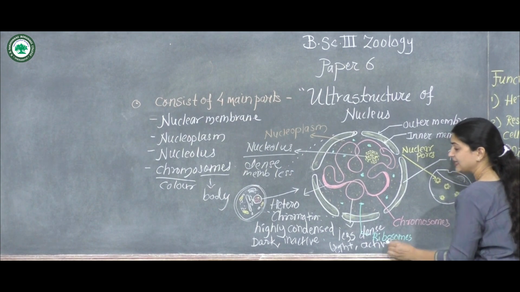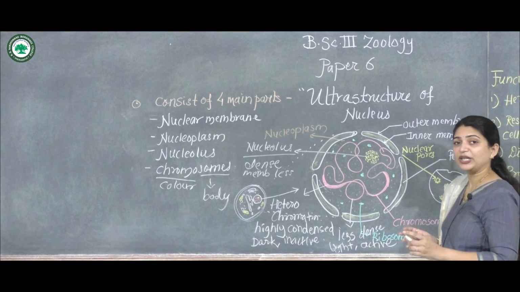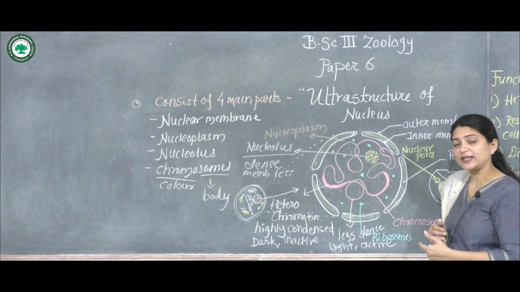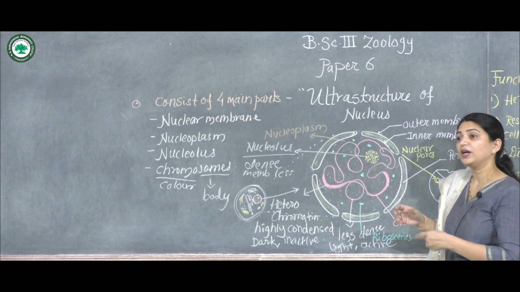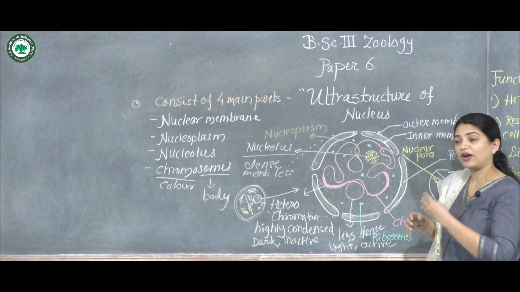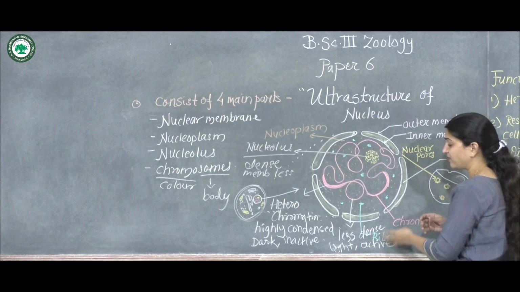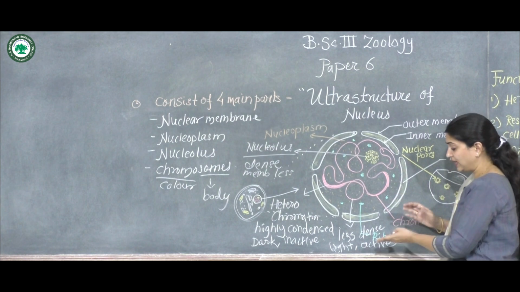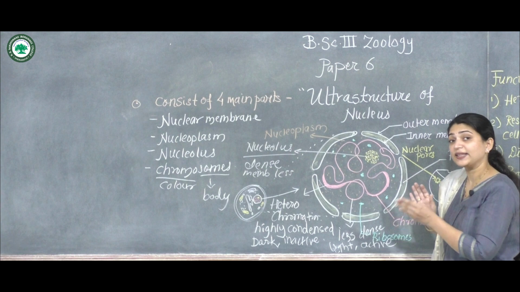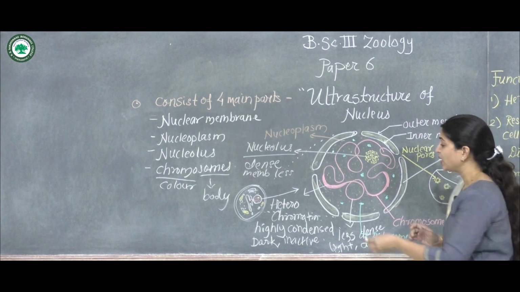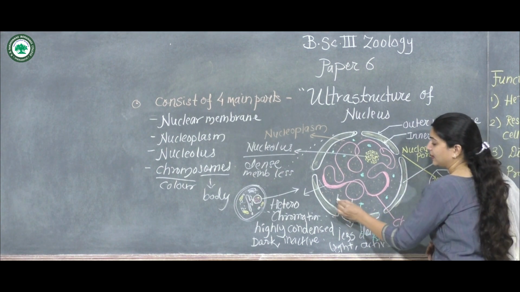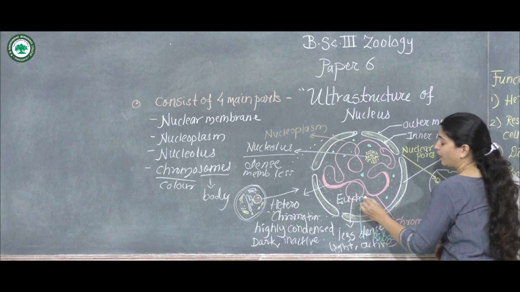Most importantly, these are transcriptionally active. Whenever transcription takes place, whatever genes or products are to be formed, they are formed from these light, less dense bodies, and these structures are called euchromatin.